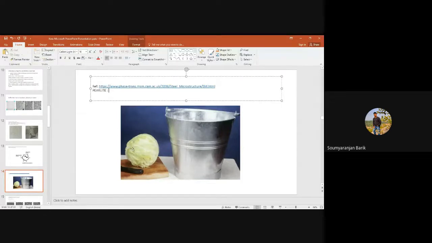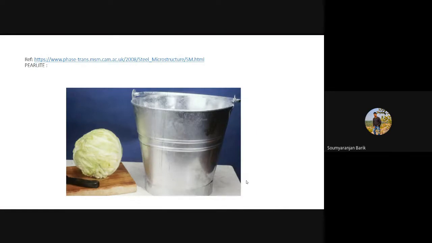Suppose you cut the cabbage into two halves. You take one half of the cabbage and you put it into the water in the bucket, right? So what will happen? Everybody has seen the cross section of a cabbage? Yes, sir.